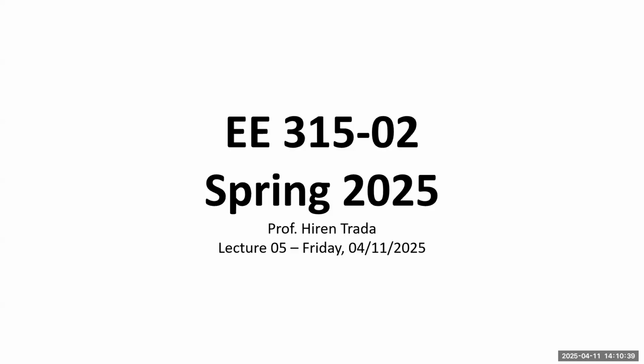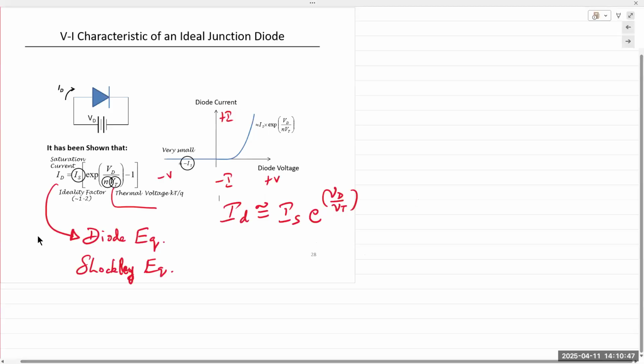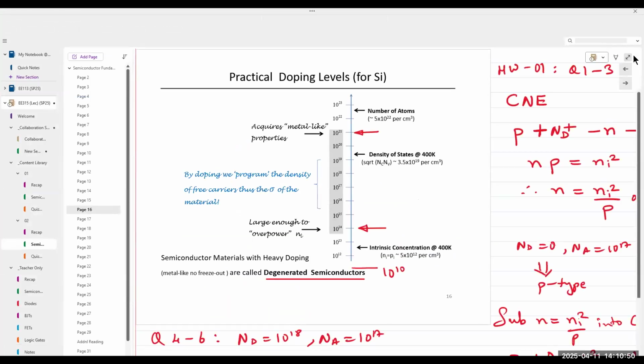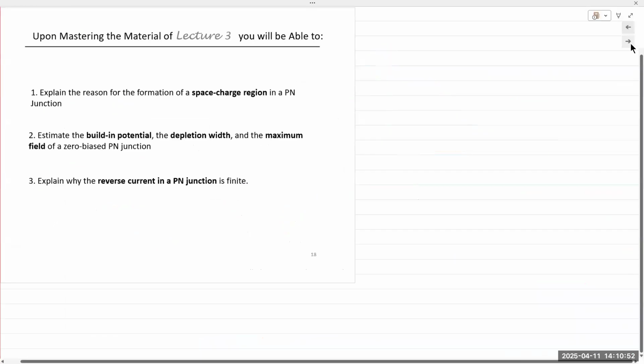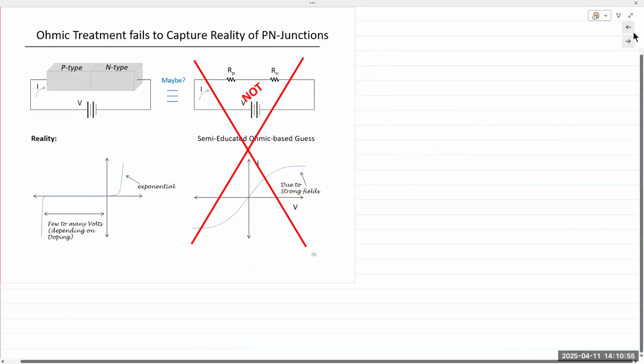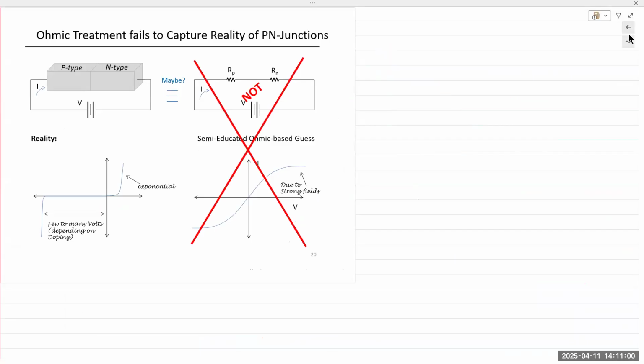Okay, so let's bring up the notebook. All right, doping levels, electrical conduction in semiconductors. We have a P-type material with extrinsically generated holes, and we have N-type material with extrinsically generated electrons.